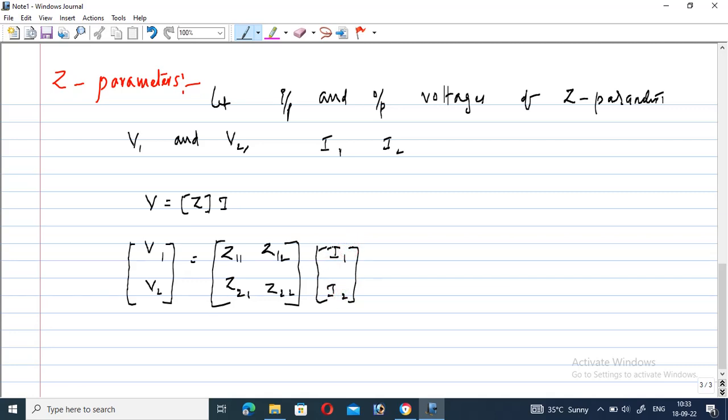So this is the matrix representation of the Z parameters, where Z is generally called the impedance matrix.